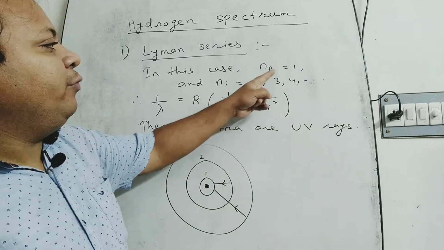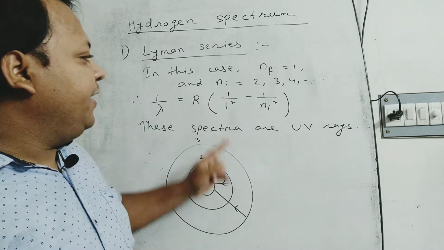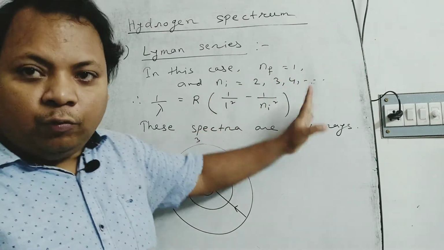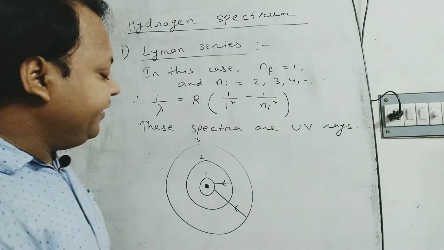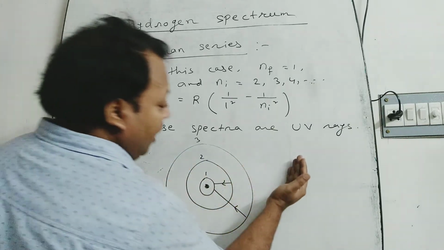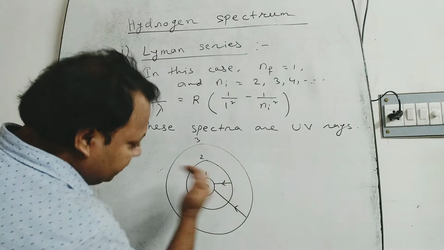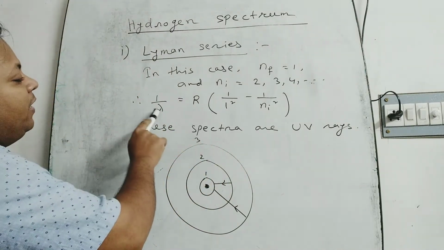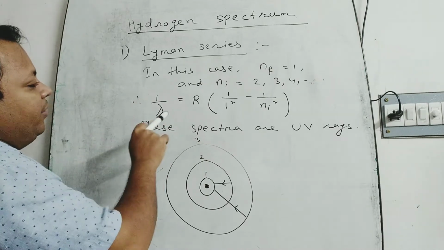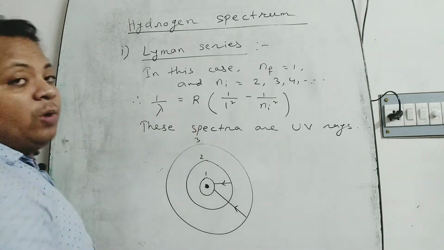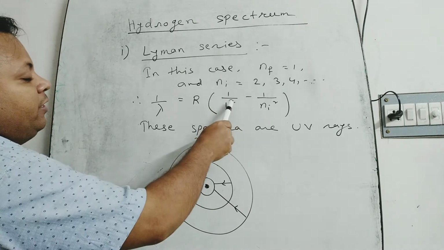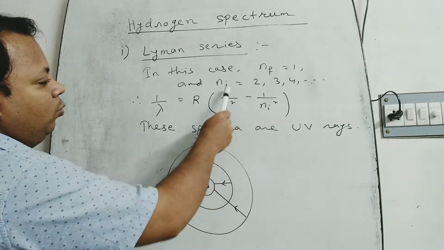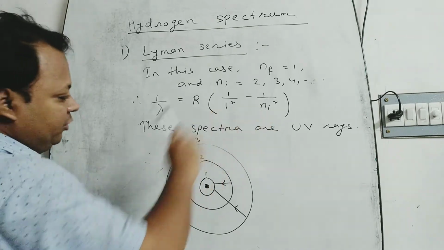Therefore, Nf is equal to 1 and Ni is equal to 2 or 3 or 4, etc. That is, the electron jumps from the higher energy level to the first orbit. And here 1 by lambda, that is the wave number, is equal to capital R, the Rydberg constant, into 1 by 1 square minus 1 by Ni square.